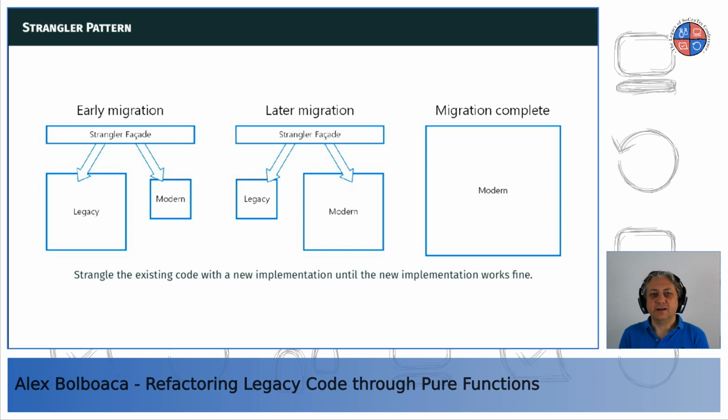But instead of rewriting everything, you start by adding a facade and then redirecting the calls to that facade to the old implementation or to the new one. And then in time, and when I say in time, it can be a long time, you grow the modern thing and you reduce the legacy thing until you end up with a modern implementation.